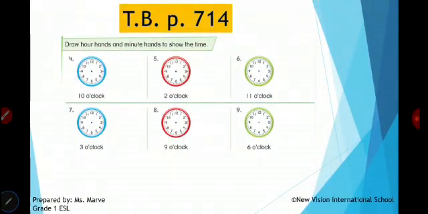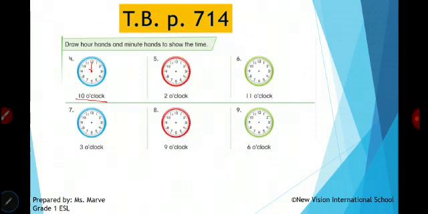Page 714. We are going to draw our hour and minute hands to show the time. We have here 10 o'clock. Let me first answer the number 4. The short hand should be pointing to 10. Very good. And the long hand should be pointing to 12. Good job. When you read it, the time is 10 o'clock.